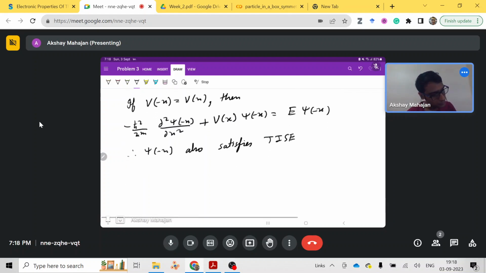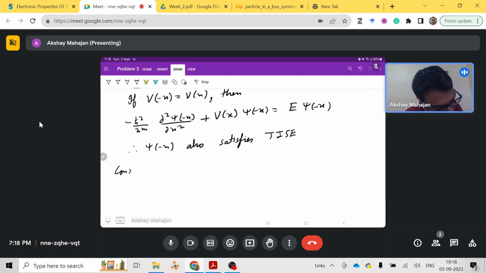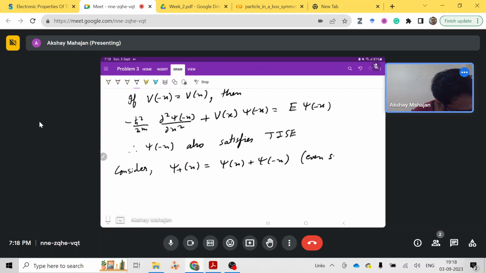Alright. Now since psi of x and psi of minus x both satisfy the TISE, consider psi plus of x, which will be equal to psi of x plus psi of minus x, which will be an even solution. We can check that psi plus of minus x will be equal to psi of minus x plus psi of x, which is equal to psi plus of x.